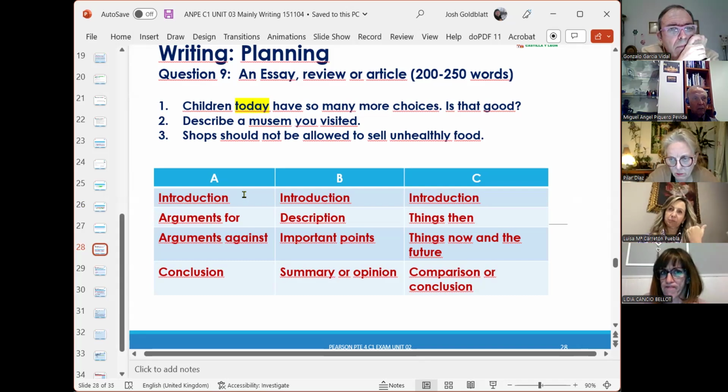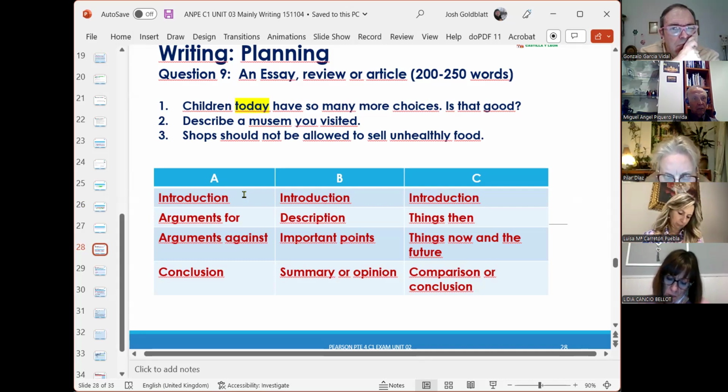B, the structure here would be the introduction, a description, the important points, and your summary or opinion. This is often used for yourself and personal experiences.